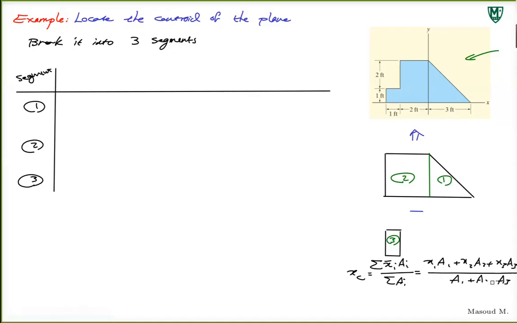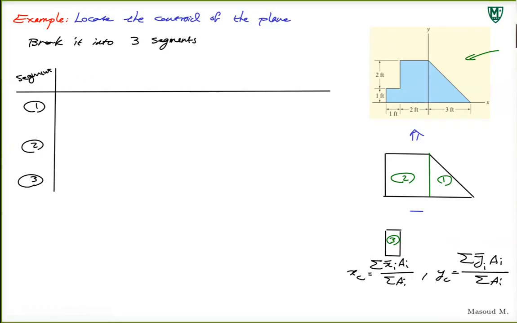I'm not going to write it this way because one term has to be negative, minus. Just let me write the general form. And then YC is the summation of Y bar Ai over the sum of Ai. These two are what we're trying to calculate. This table is going to help us find the numerator and denominator for these fractions.